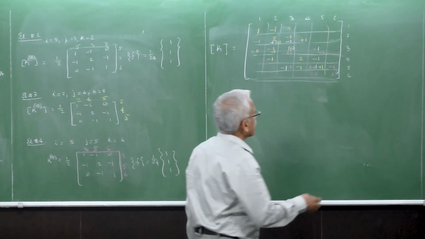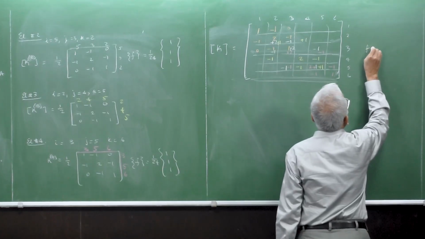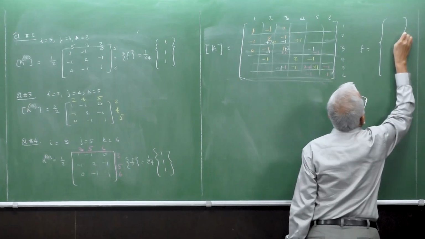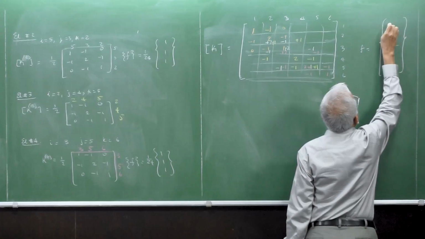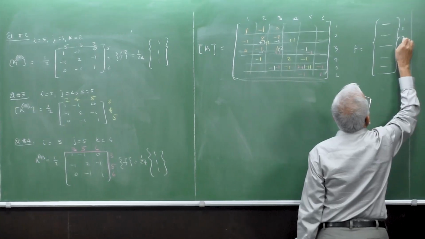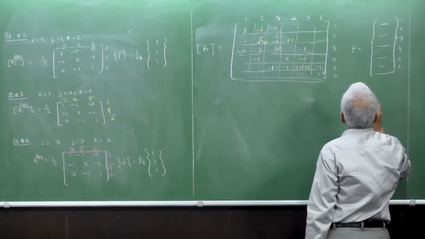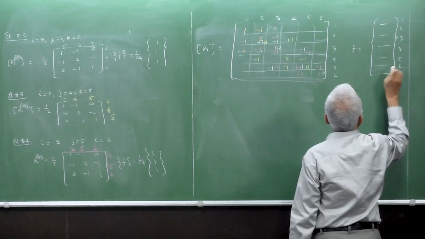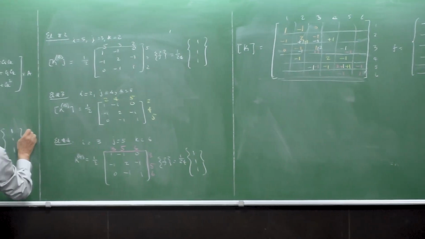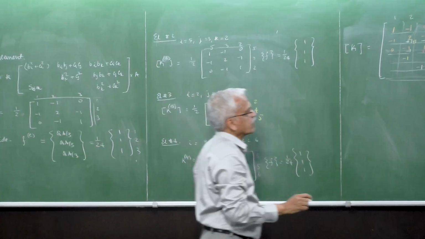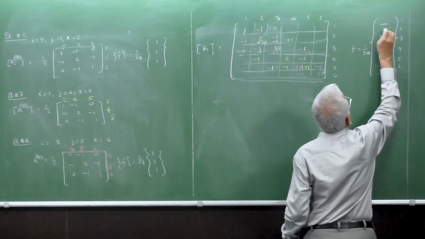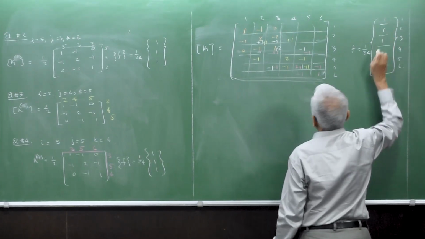Apart from this, we also have the F vector here, with entries 1, 2, 3, 4, 5, and 6. So this F also has to go appropriately. Element 1 is 1, 2, 3, so it's 1, 1, 1.